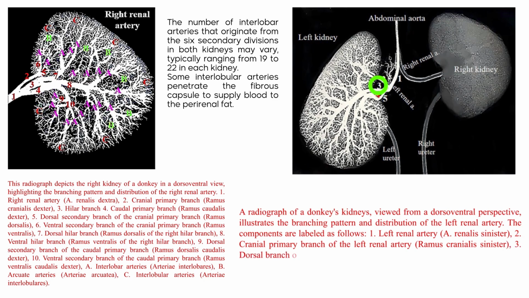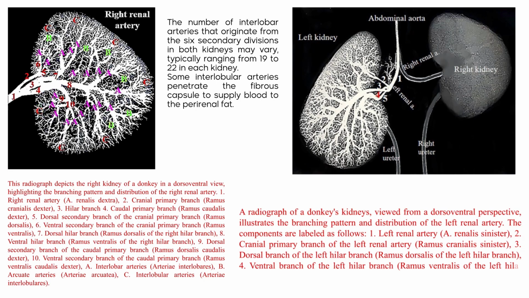Dorsal branch of the left hilar branch, ramus dorsalis of the left hilar branch. 4. Ventral branch of the left hilar branch, ramus ventralis of the left hilar branch. 5. Caudal primary branch of the left renal artery, ramus caudalis sinister.